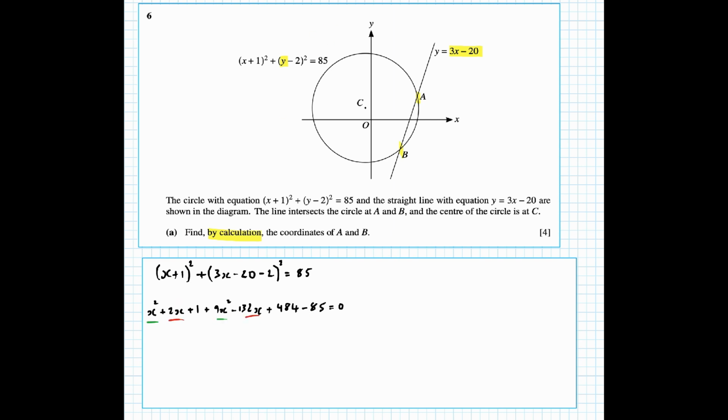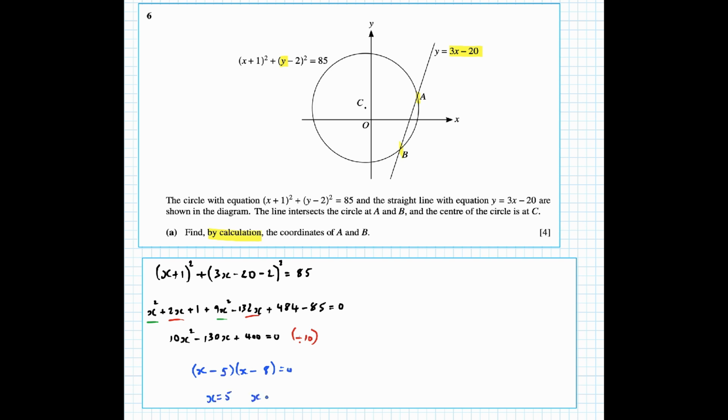So put together your variables and constants, and you end up with 10x squared minus 130x plus 400. That's easily divisible by 10. x squared minus 13x plus 40 is equal to 0, so 8 and 5.